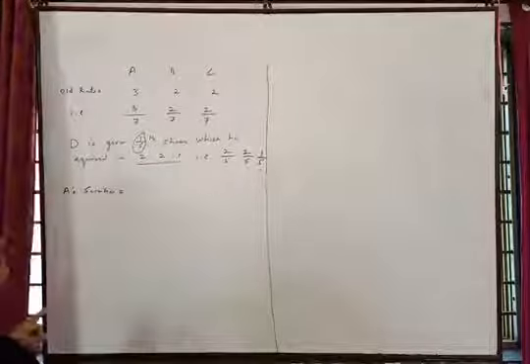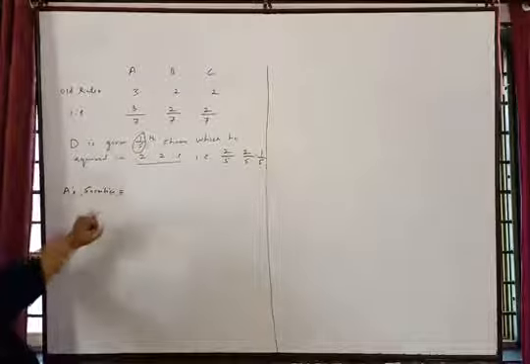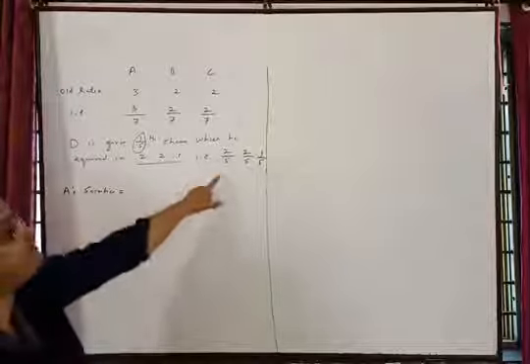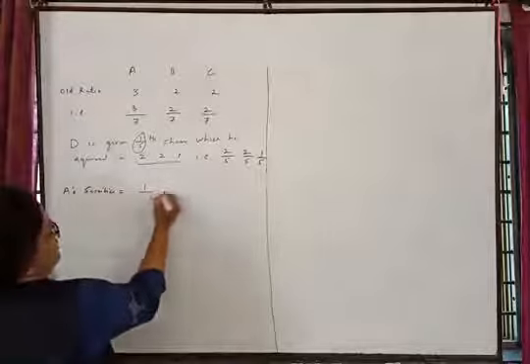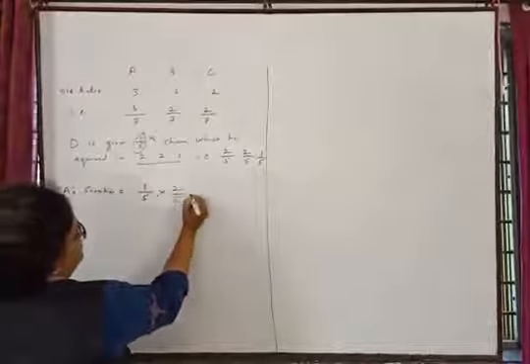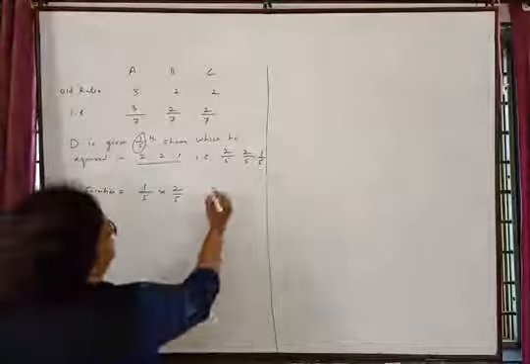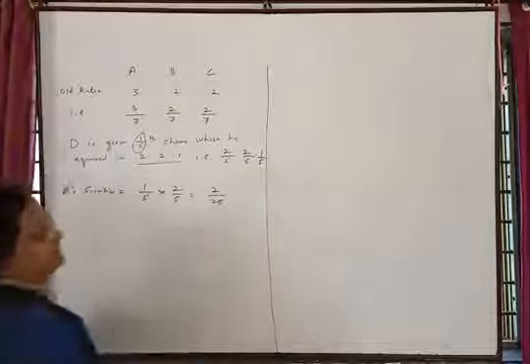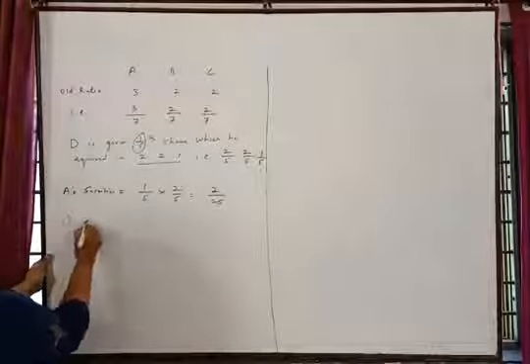We are calculating the sacrifice of A. He is giving a 2/5 share, 2/5 of 1/5. So 1/5 into 2/5 is equal to 2/25.